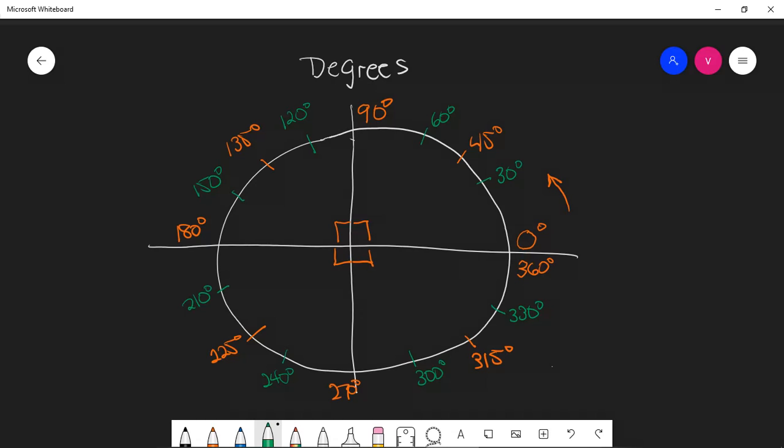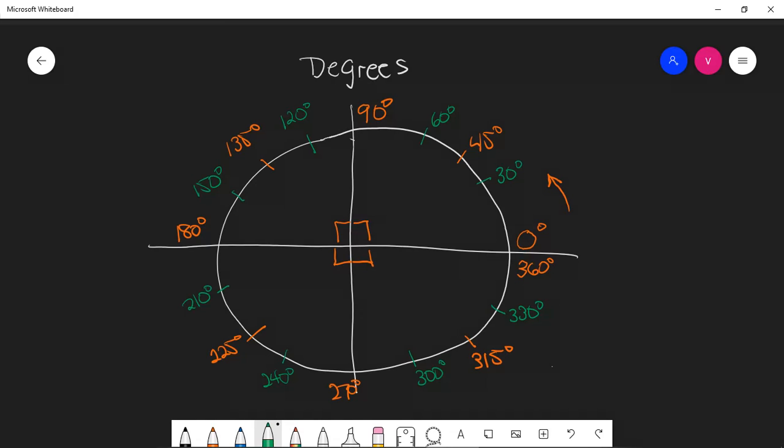So that's how we will break up the circle in increments of 30 degrees, 60 degrees, 45 degrees, 90 degrees, or 180 degrees and 360. So those are the important markers: every 30 degrees, every 60 degrees, every 45 degrees, every 90 degrees, okay?